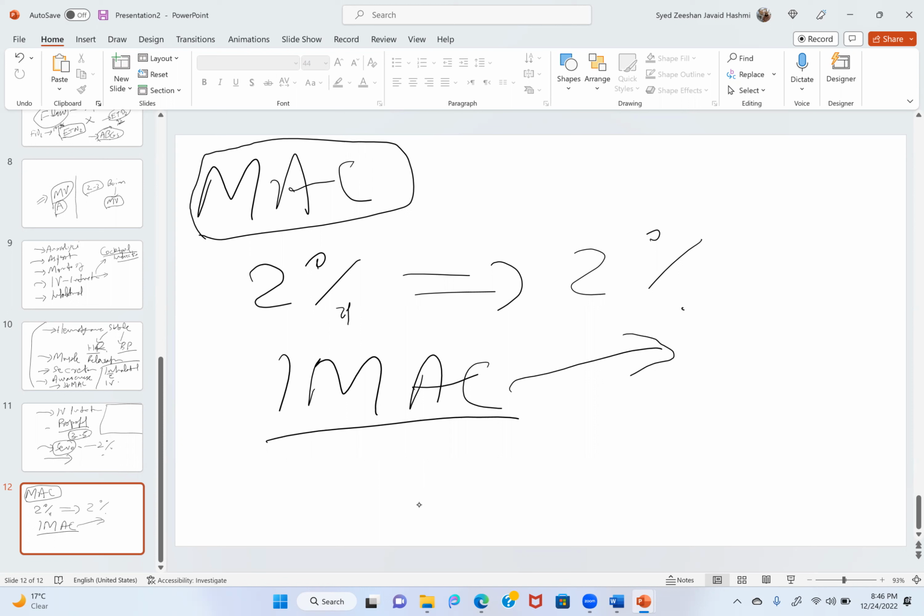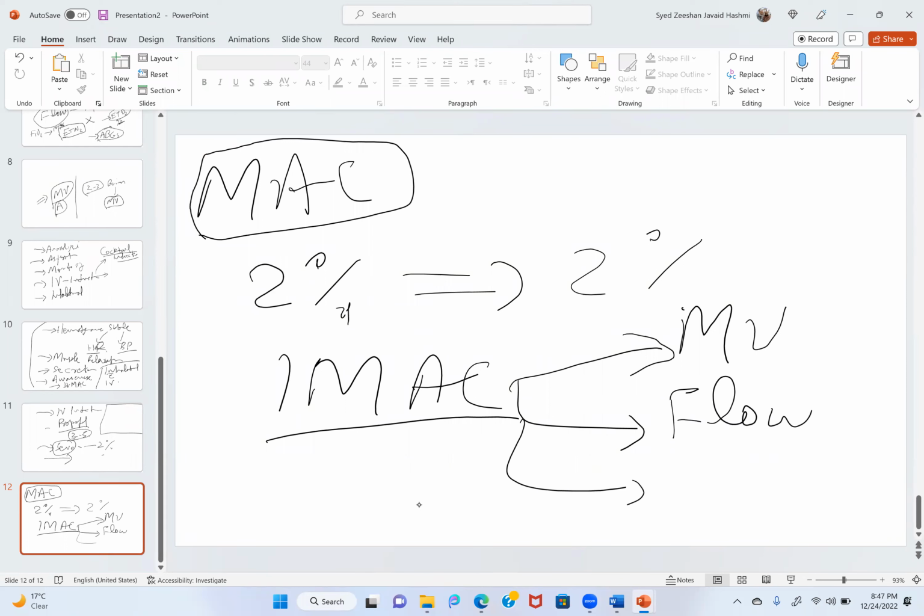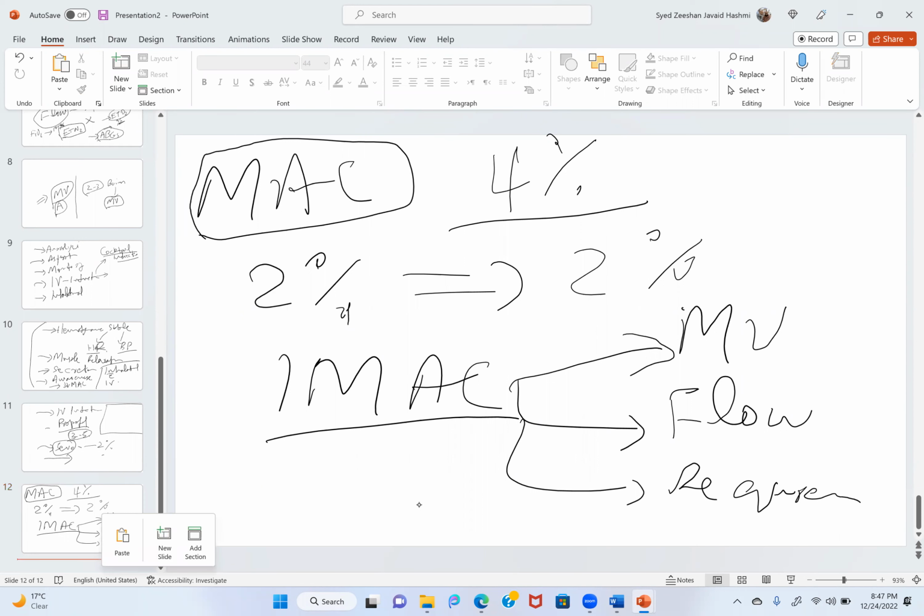Other factors will be very important: minute ventilation, how much flow you are giving, and the requirement of the patient. There are so many things. So if you have opened the sevoflurane dial at 2%, there is no guarantee that you are achieving 1 MAC. Even if you make it 4%, you are not sure. So there is only one option where you are sure, and that is with the agent analyzer.